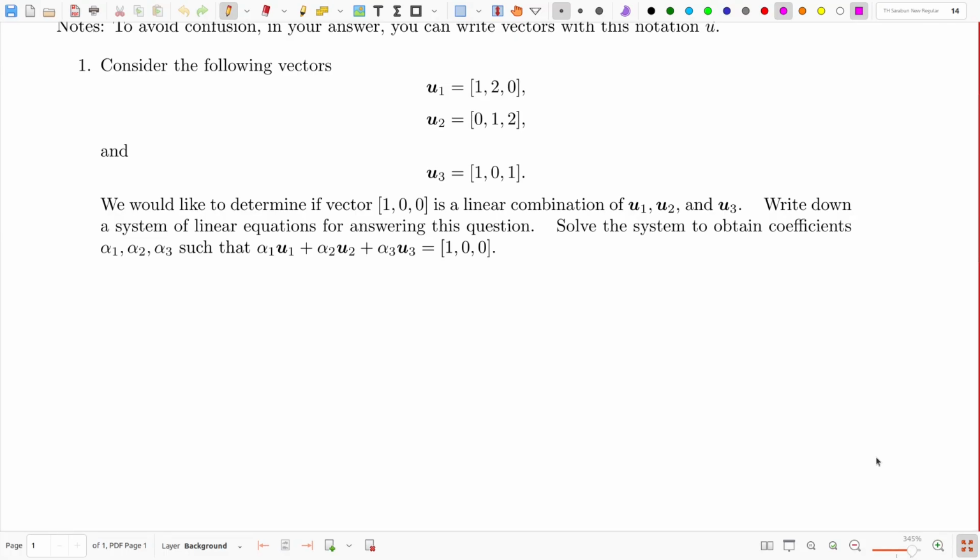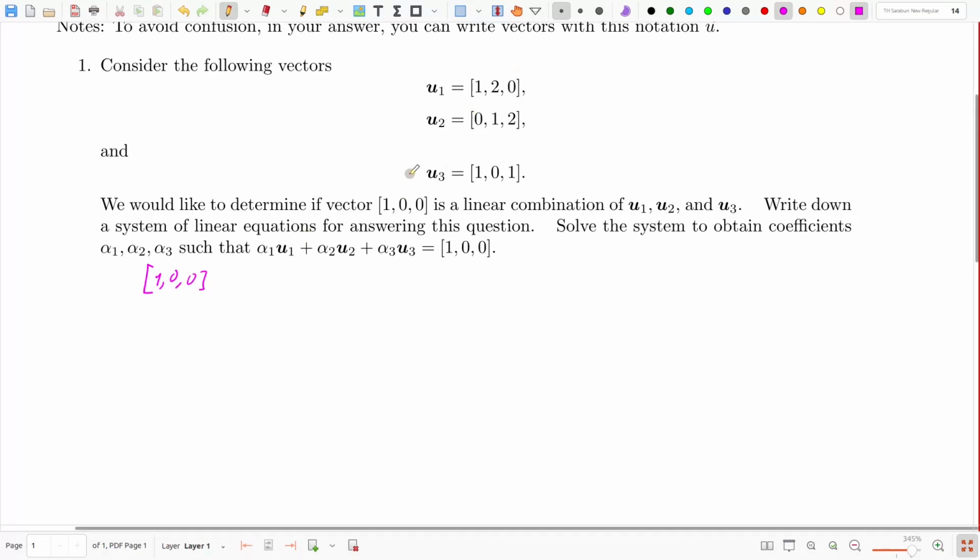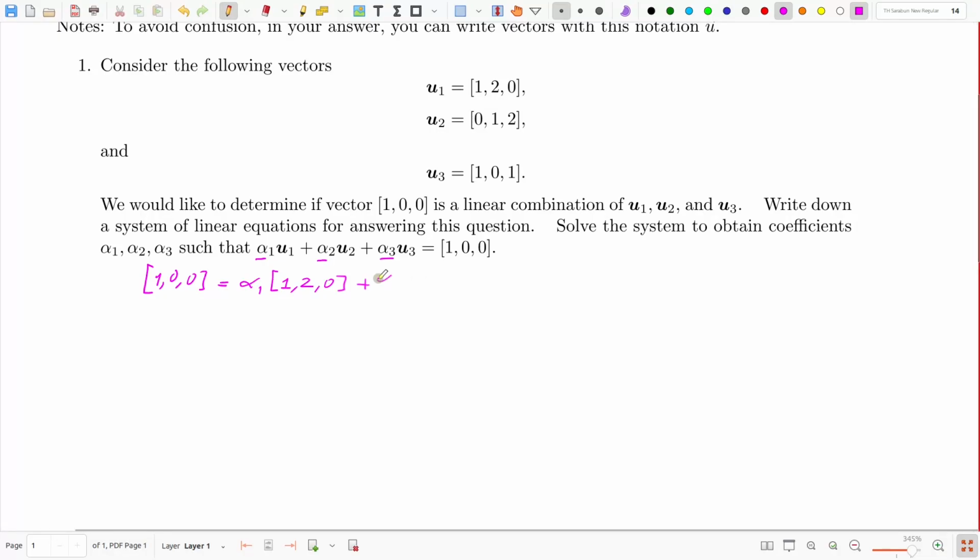To understand that, we would like to say that the vector 1, 0, 0 is a linear combination of these vectors if there exist these three numbers, alpha 1, 2, and 3, such that this equals alpha 1 times u1, so let me write u1 right away, plus alpha 2 times 0, 1, 2, plus alpha 3 times 1, 0, 1.